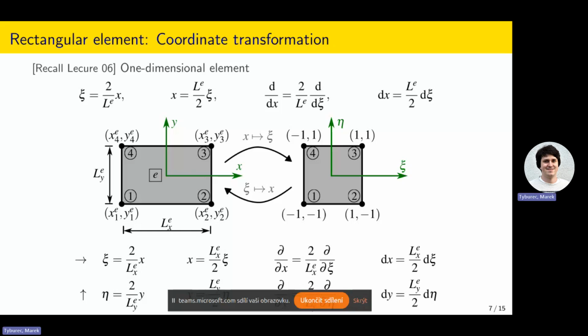And then you derived or you use the mapping. And the mapping is that, okay, you say that x will be L over 2 multiplied by psi. And now this psi is in the domain [-1, 1].